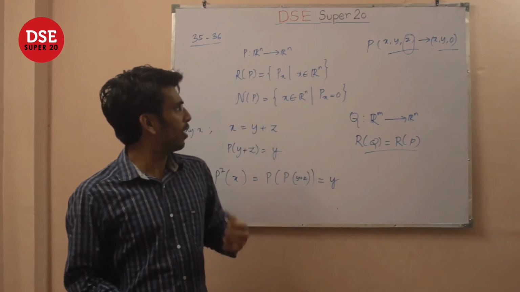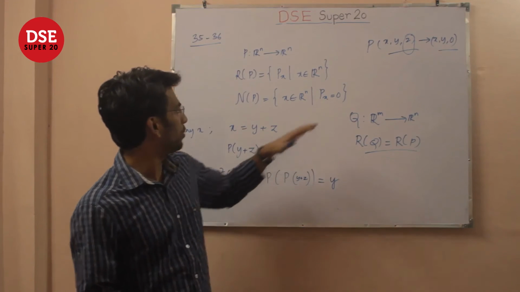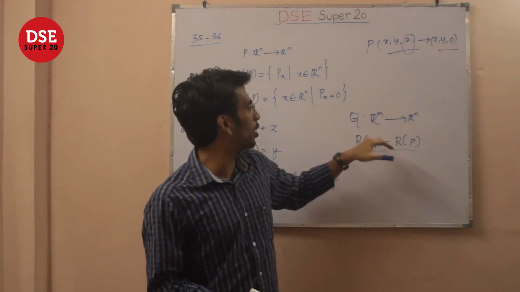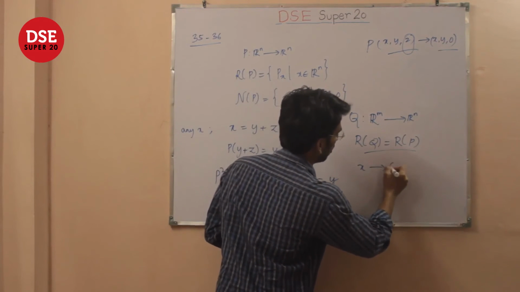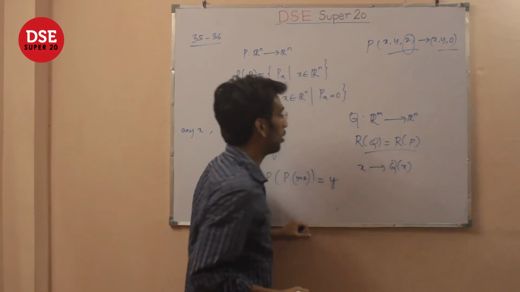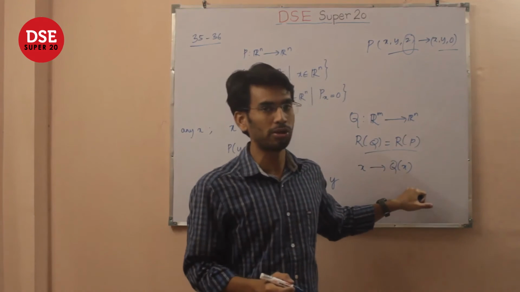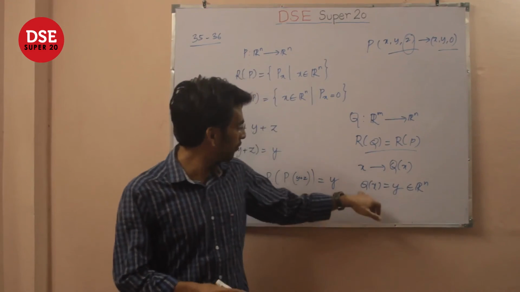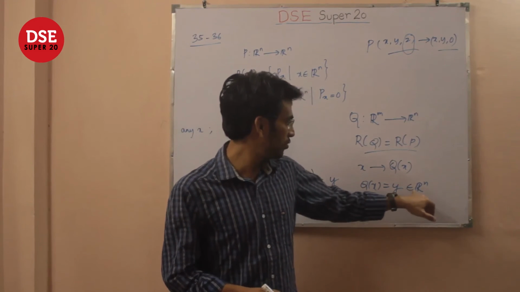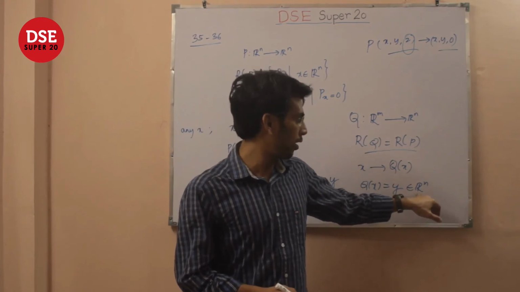Now one might wonder what happens if we apply P over Q, that is, take any vector x and first transform it with the transformation Q. If you apply projection over this, will it be any different? Now we have Q of x is equal to y, which belongs to Rn.